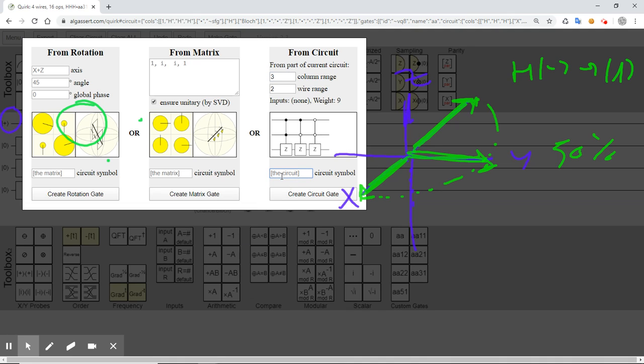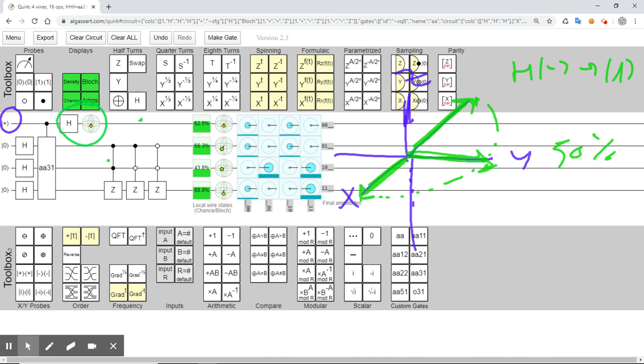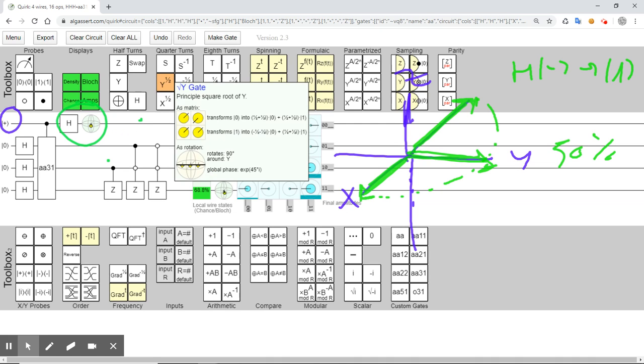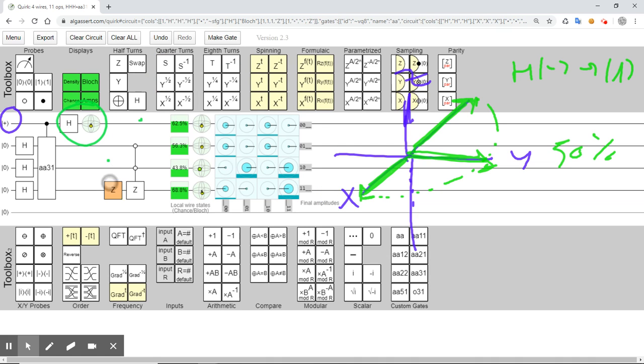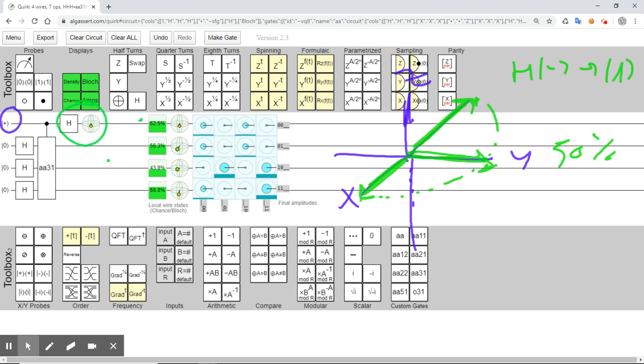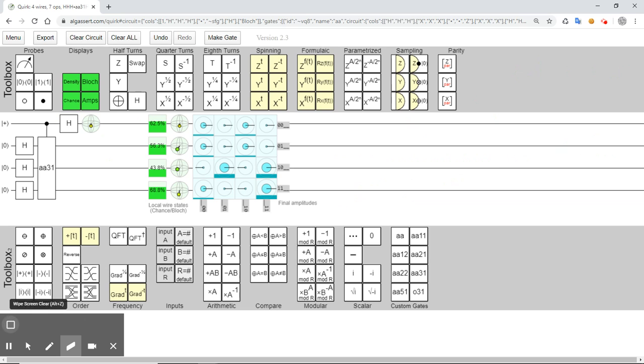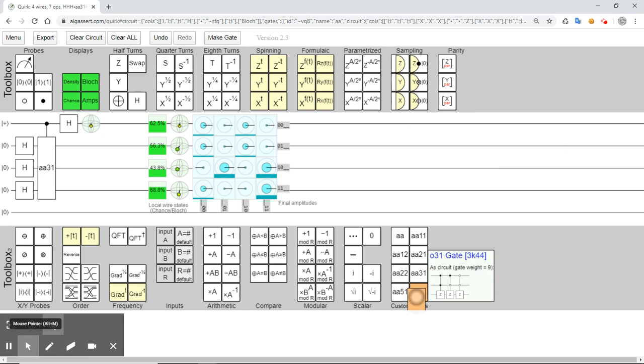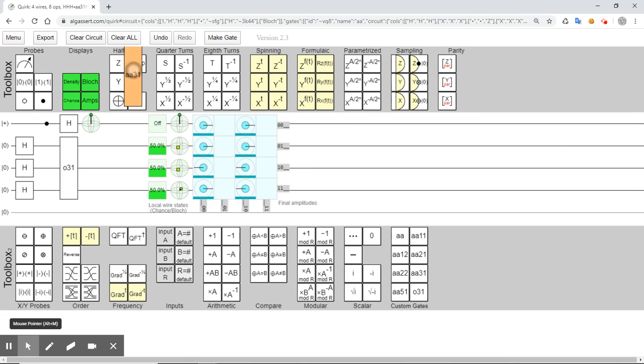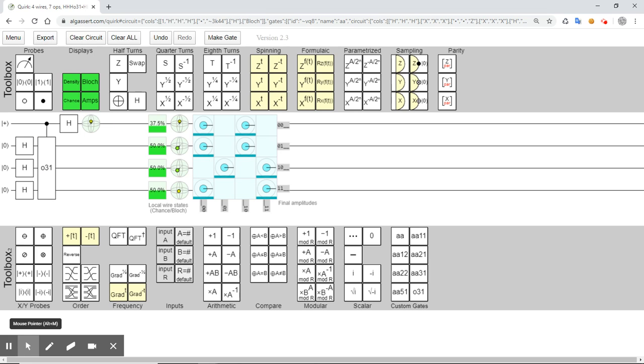I'll call this O31 because it's just the oracle. I get rid of these and just add the oracle instead of these. Okay, no, it's not true.